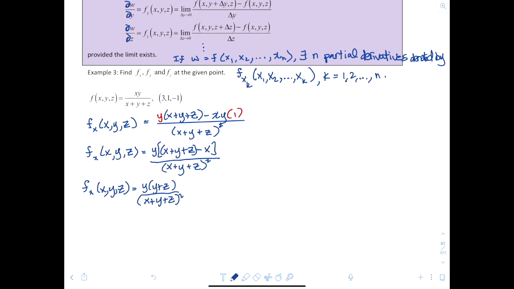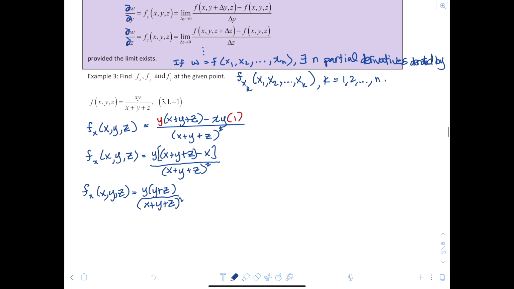Cool so far? All right, so now fx evaluated at 3, 1, negative 1 will just be 1 times 1 plus negative 1 over 3 plus 1 plus negative 1, the quantity squared.